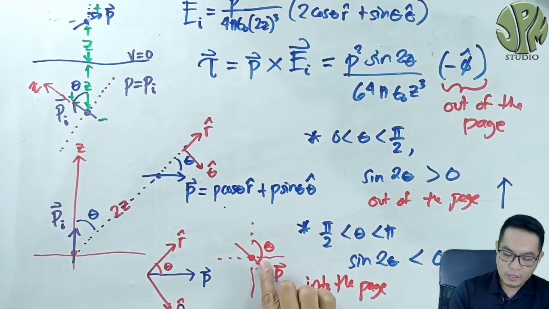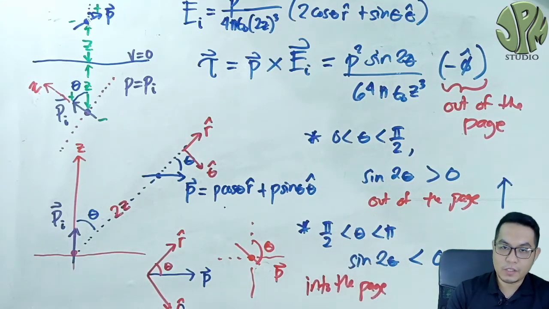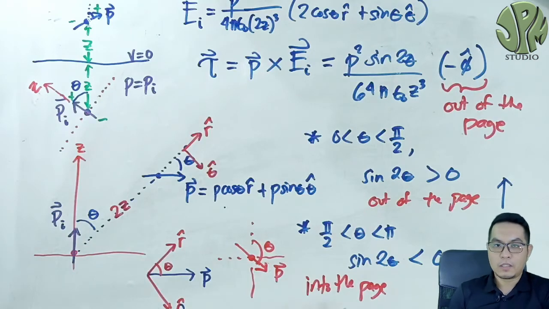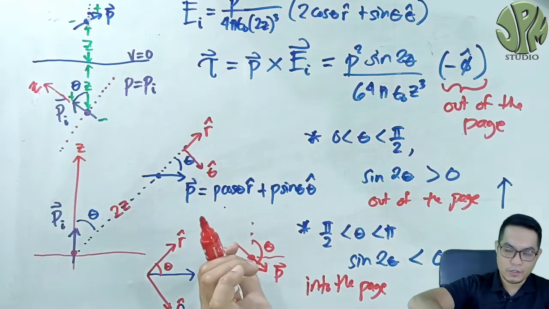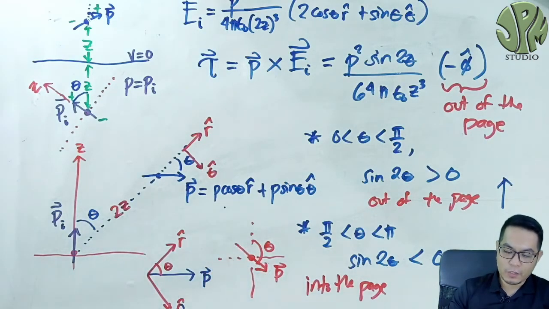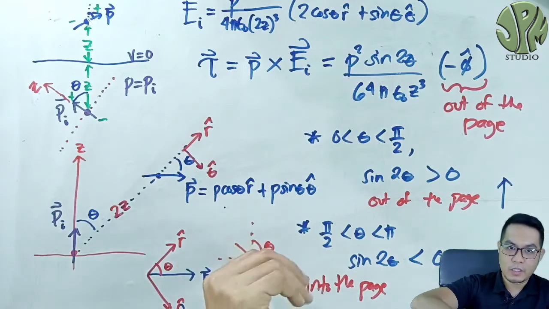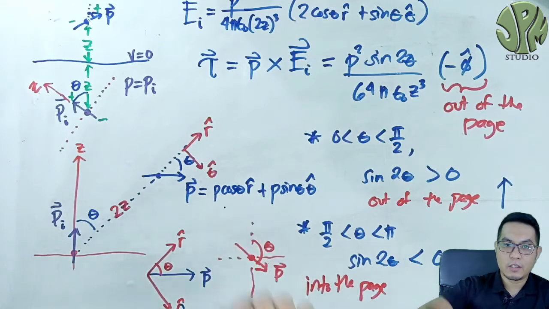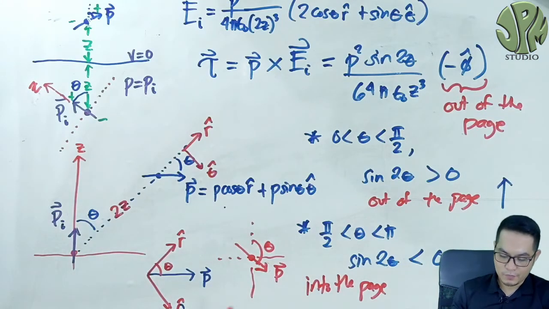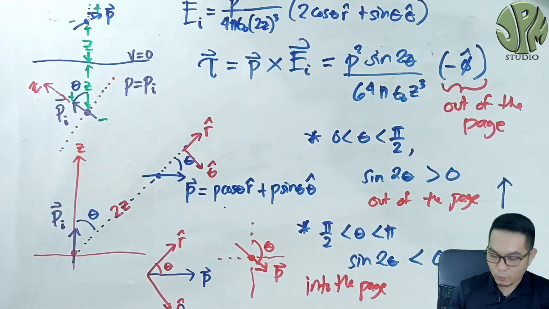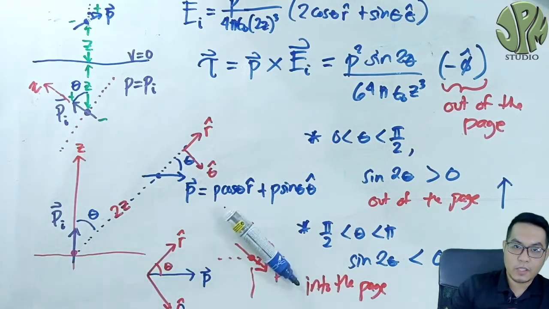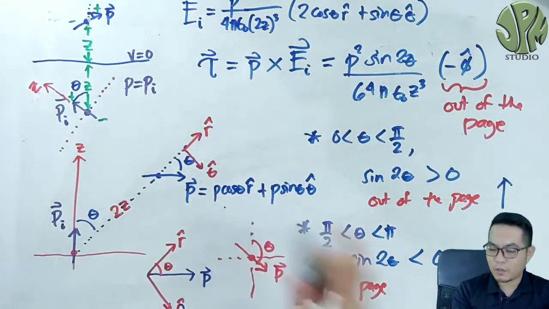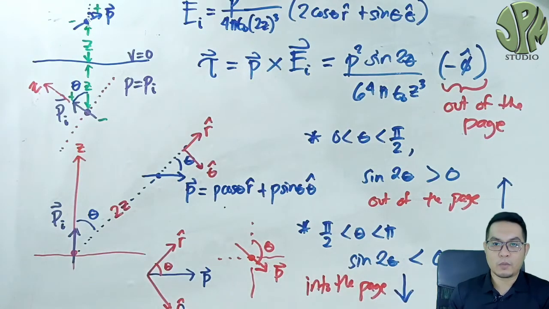So when theta is in that condition, the torque will be into the page. If the torque is into the page, the dipole will rotate in a clockwise manner, like that. So its final orientation will be downwards.